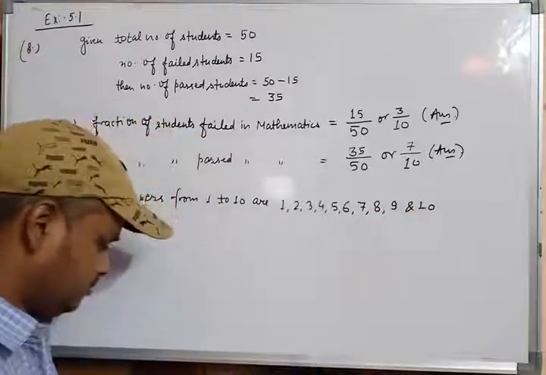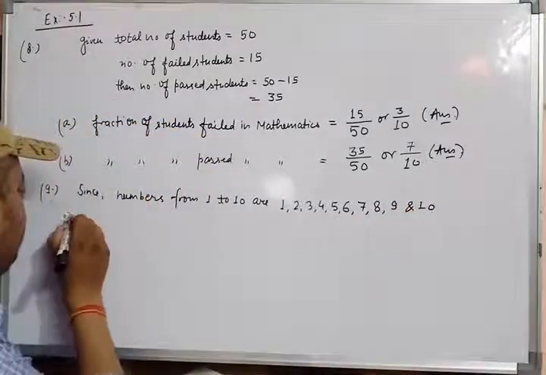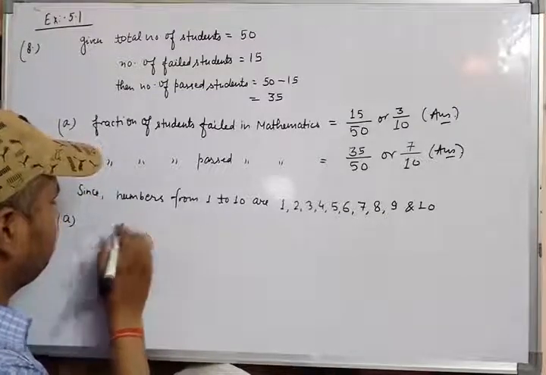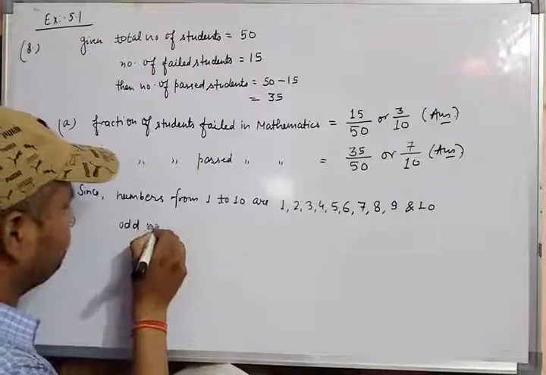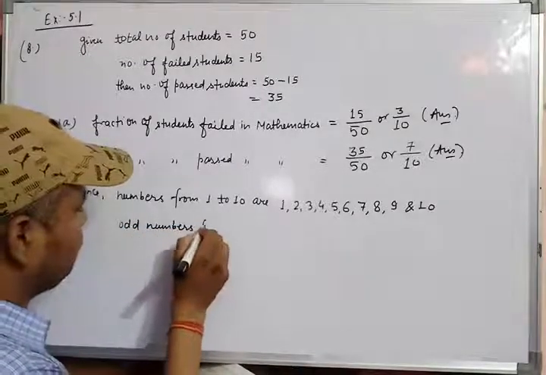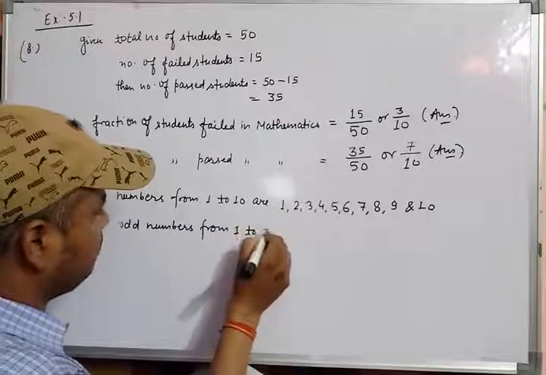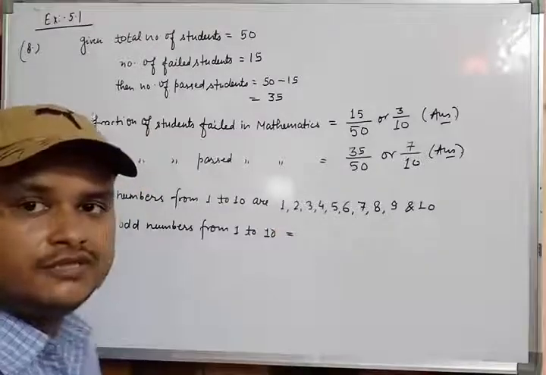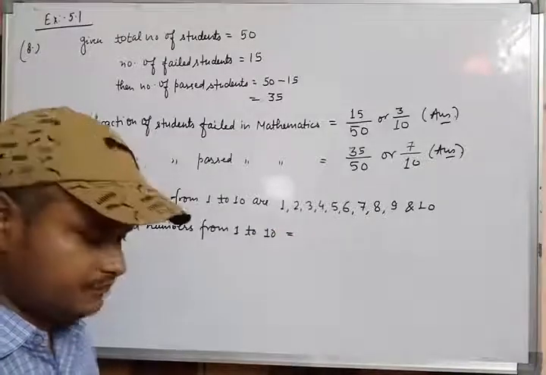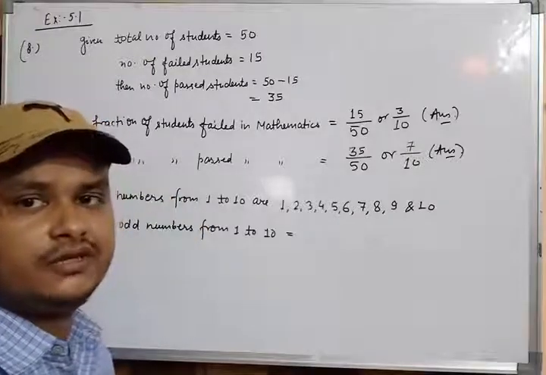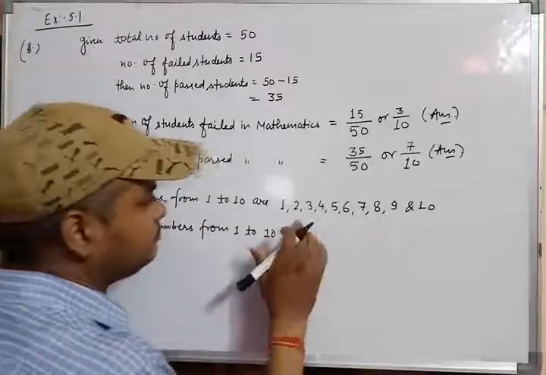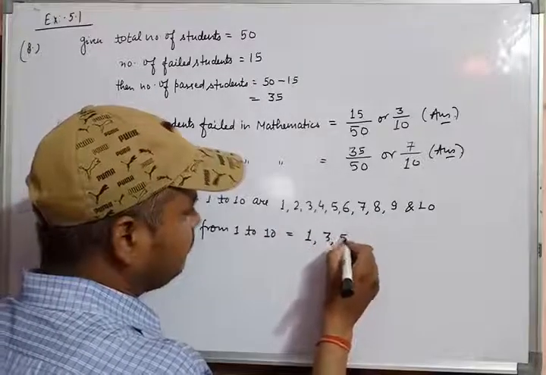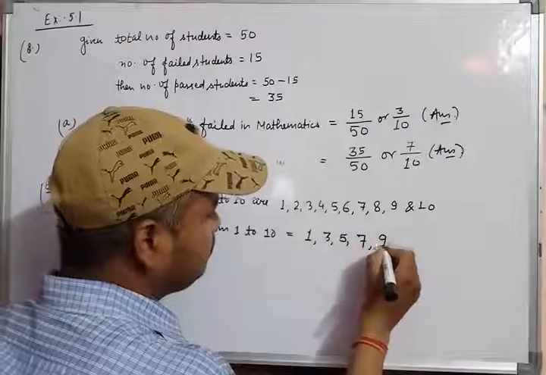In these parts you have to find the fraction of odd numbers. Students, an odd number means a number which is not divisible by 2. So the odd numbers from 1 to 10 are 1, 3, 5, 7, 9.